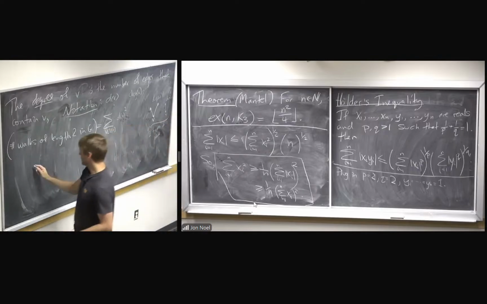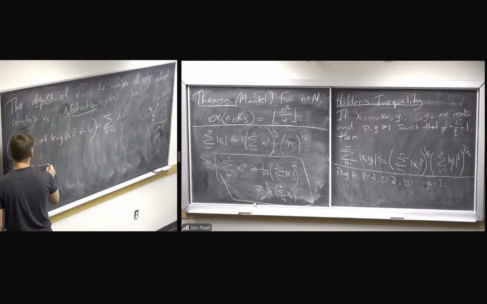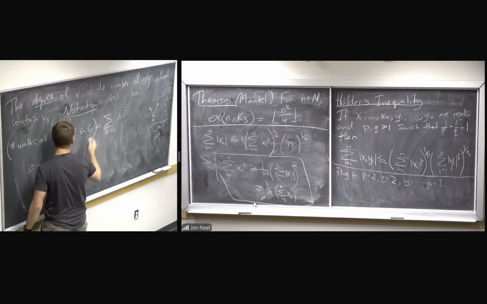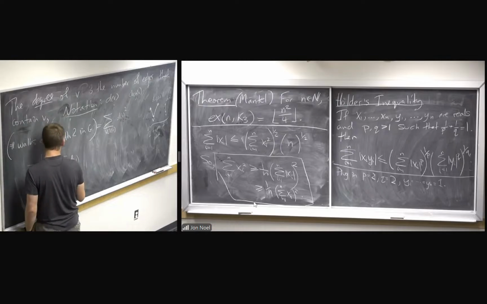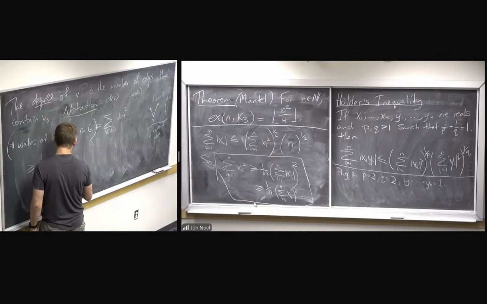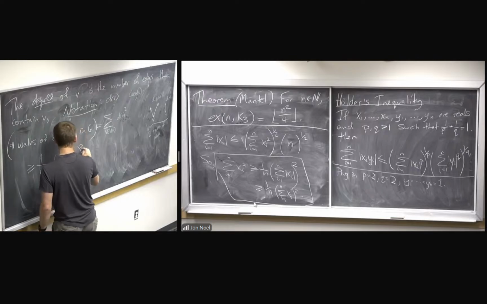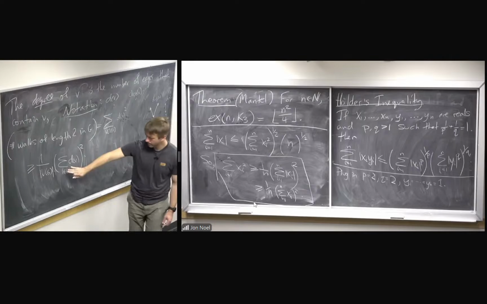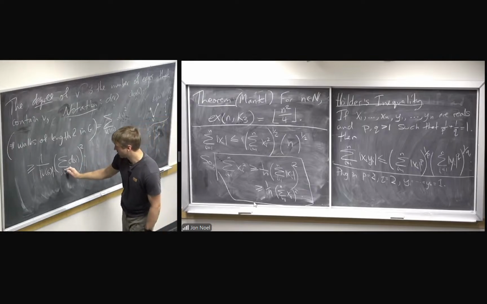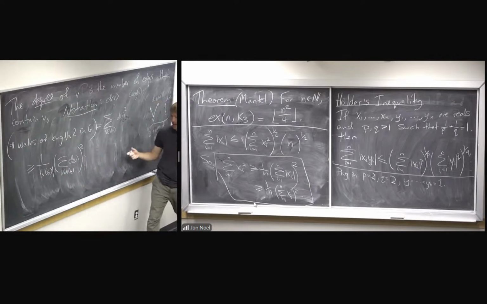So this is at least 1 over the number of terms in the sum, which is the number of vertices in the graph, times the sum of the degrees all squared. Okay, so I'm just applying this where my xi's are like the dv's instead.